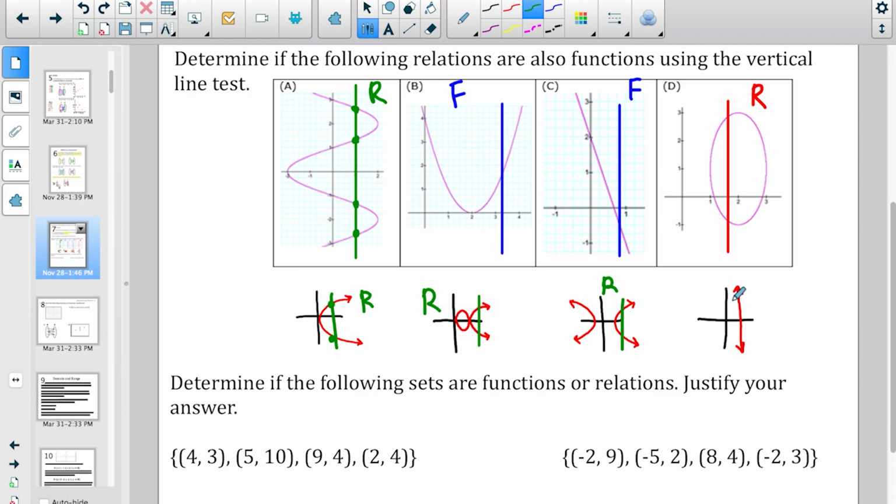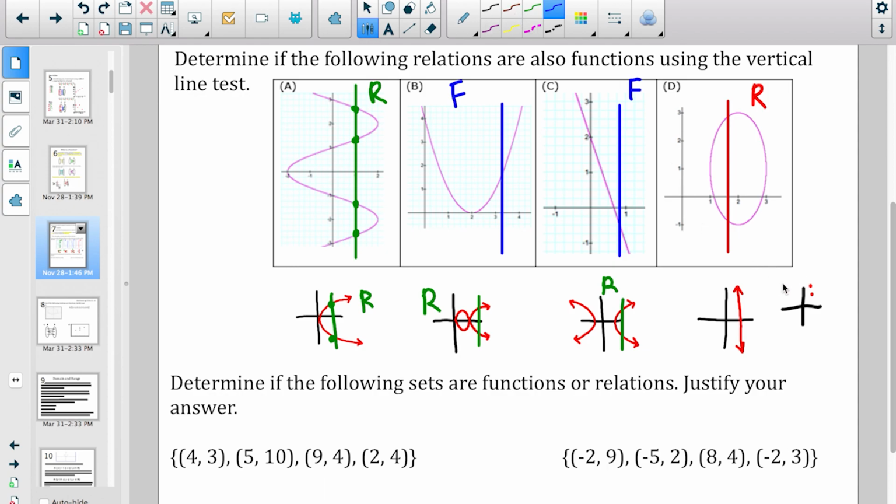And now the last one gives us a very interesting situation here. When we consider a straight vertical up and down line, we want to imagine, and we're minimizing the problem here, I want to start off with a single point. And I try my vertical line test and I say, okay, well, that's great. It only passes through once. This is a function. Now, let's go and add a second point right above it. And we can see again that if I draw a vertical line through there, it ends up being a relation again.